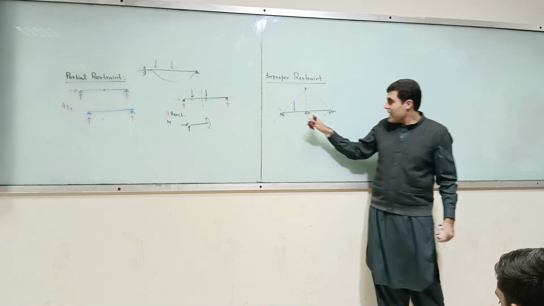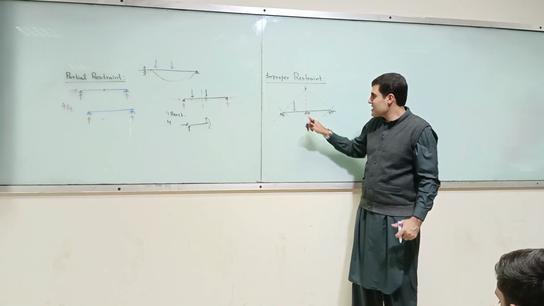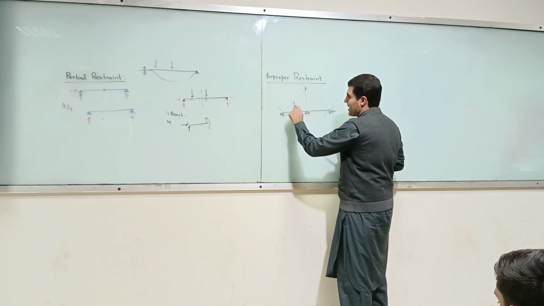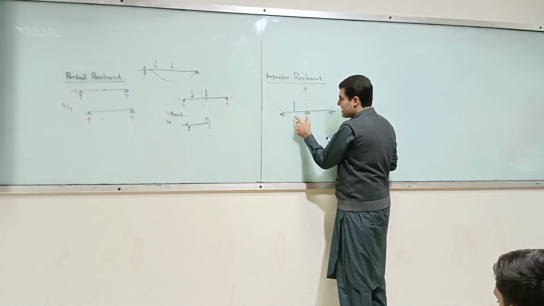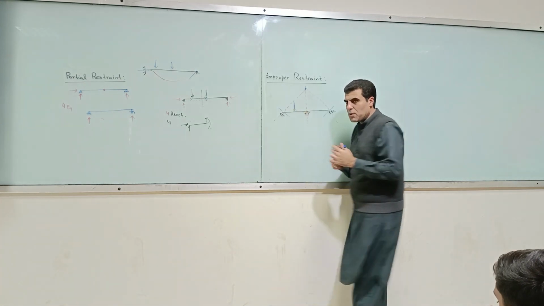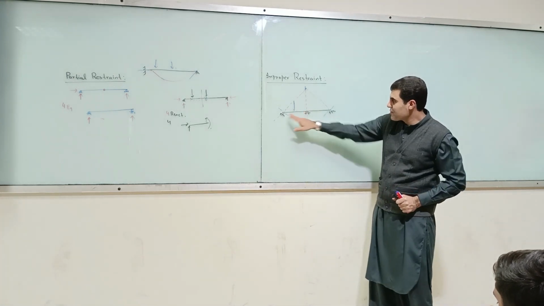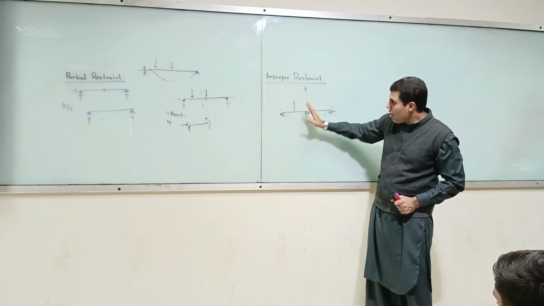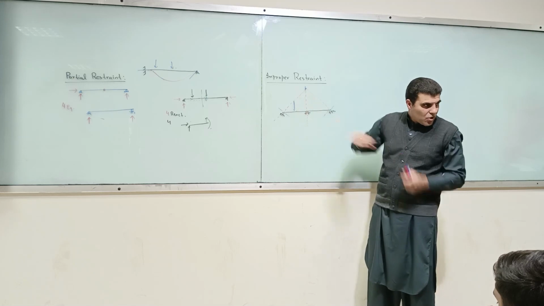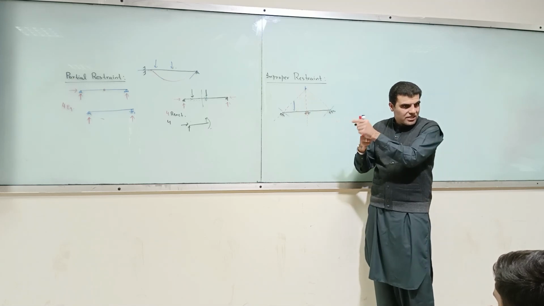You should never have this. If I have a load applied at some eccentricity, or in other words, at some offset from one of the supports, then this can cause it to rotate, and it will start rotating.